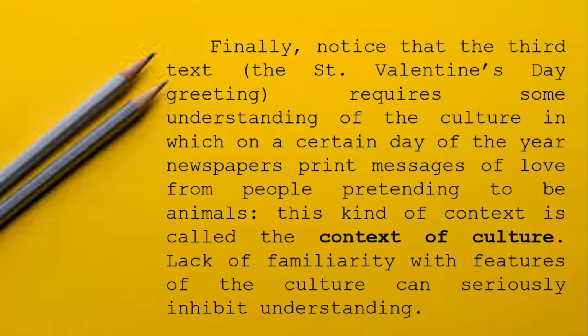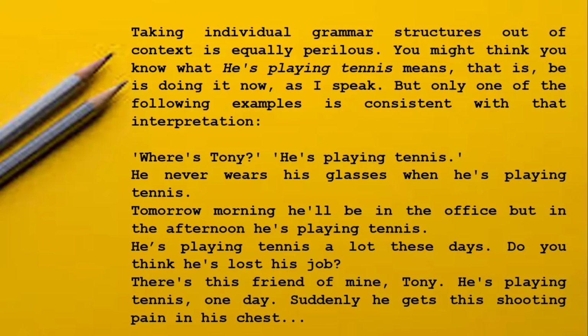This is particularly the case with beginner or elementary learners, for whom its natural context might be difficult to understand. But, as we have seen, taking words, sentences, and texts out of context threatens their intelligibility. So, taking individual grammar structures out of context is equally perilous.